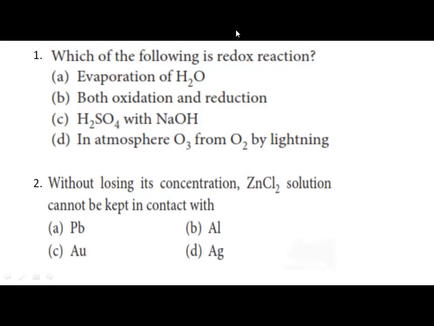If you want to write the reactions for all, evaporation of water is H2O liquid, under the heat of sunlight, getting converted to water vapor. In both cases, the species is water only, so neither anything is getting oxidized nor reduced.